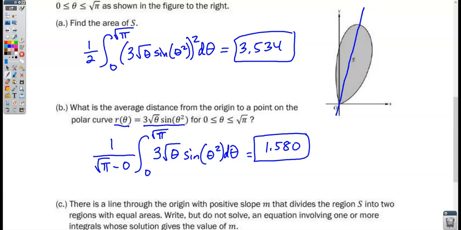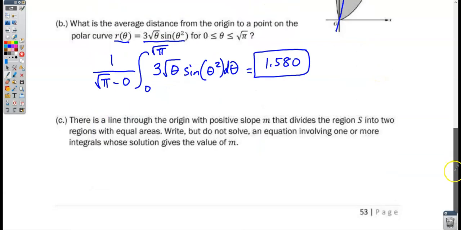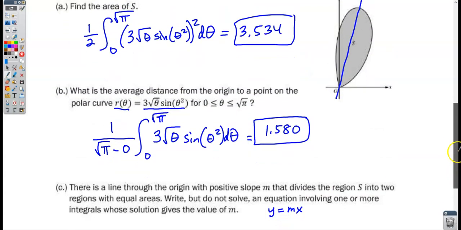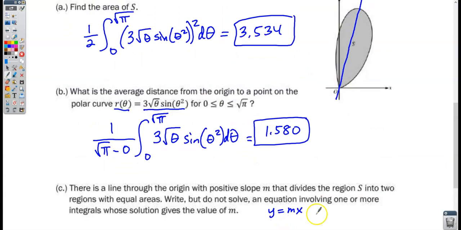Okay, so if the slope of that line is m, that means the equation of that line is y equals mx in Cartesian form. But that means that the slope is equal to y divided by x.